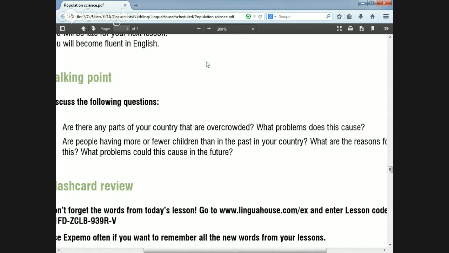Okay. I disagree. You disagree with Roger? Okay, talk to us. Yeah, I disagree because the capital, Bogota, is, I think, very overcrowded because we are more than 8 million, more or less.